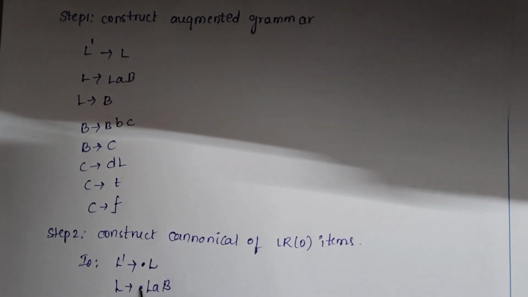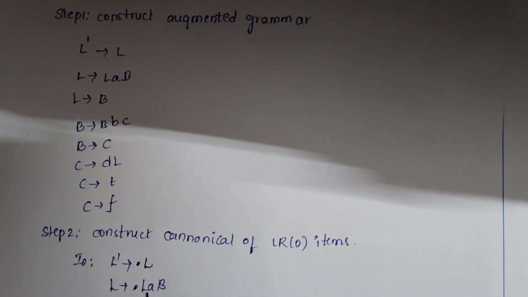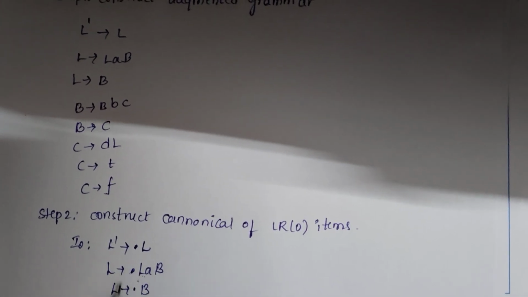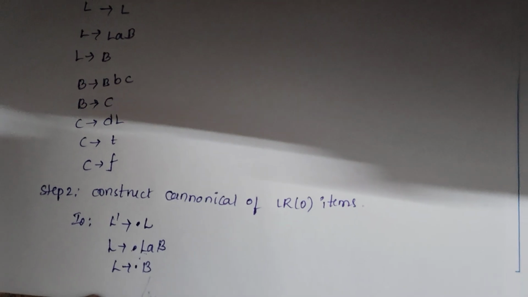Again the dot is before a non-terminal L, but we already wrote the L predictions, so we need not write them a second time.